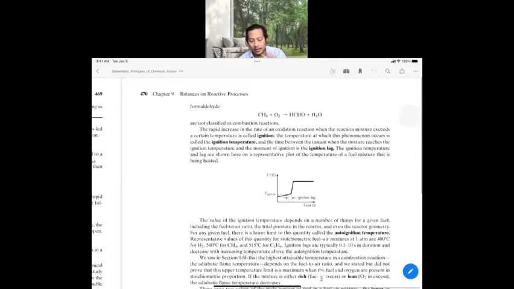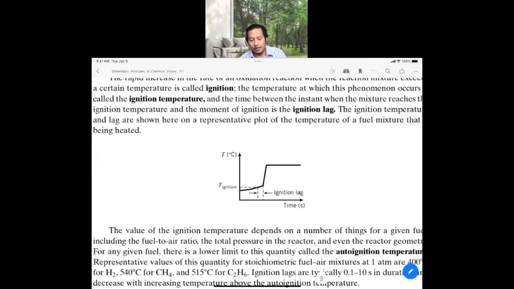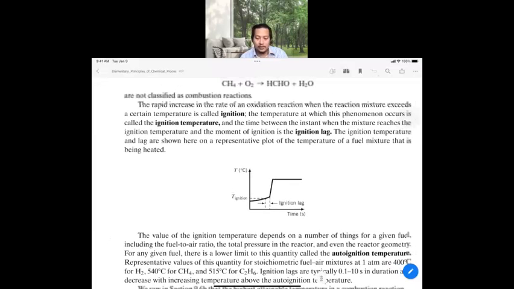And also we have ignition. It can be described in this graph, the temperature of ignition. So you have the so-called ignition lag. That is, there is some time interval between when the mixture is going to ignite and when it reaches the ignition temperature.